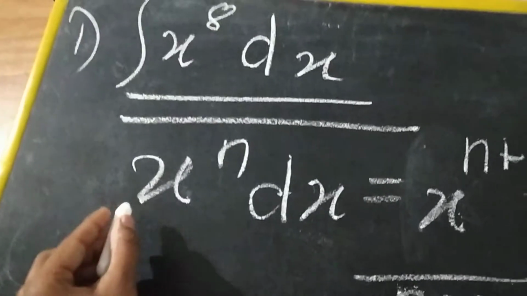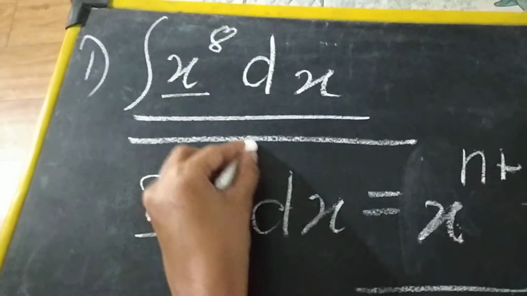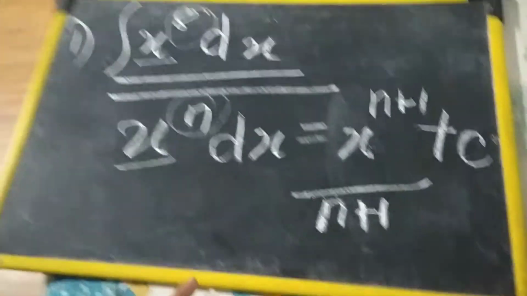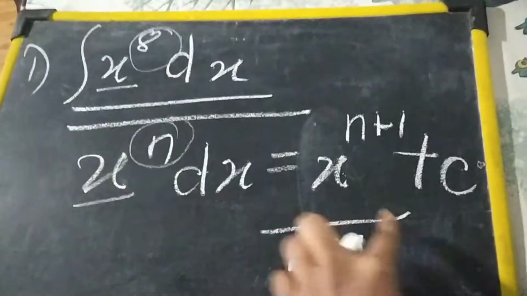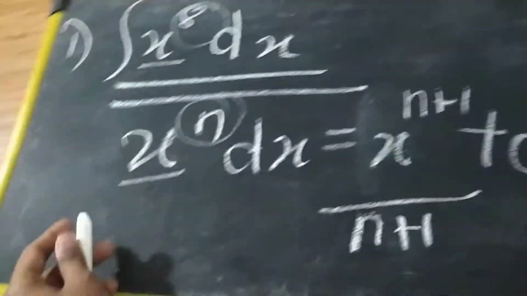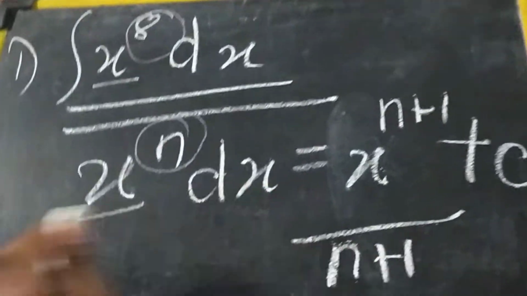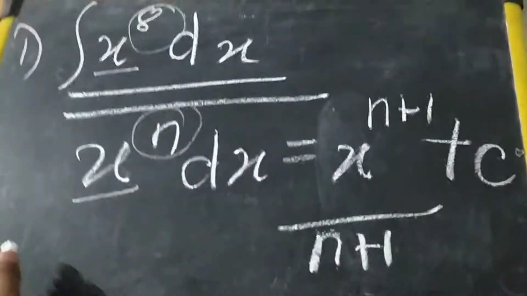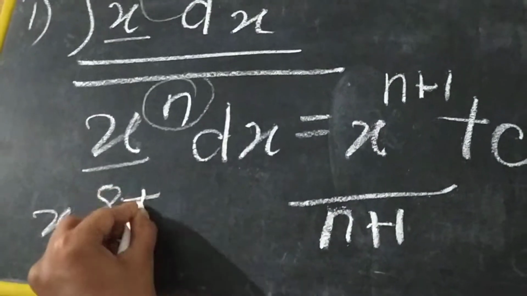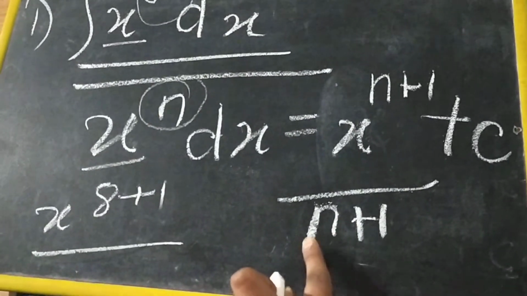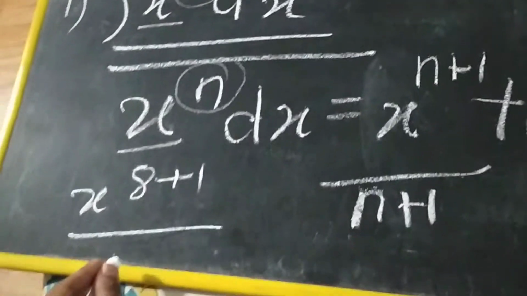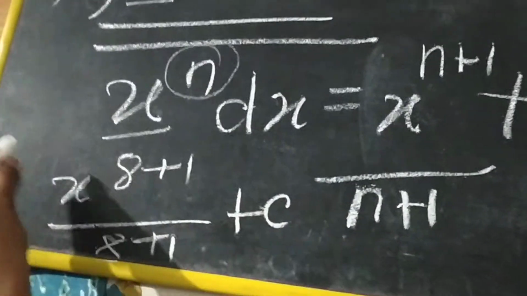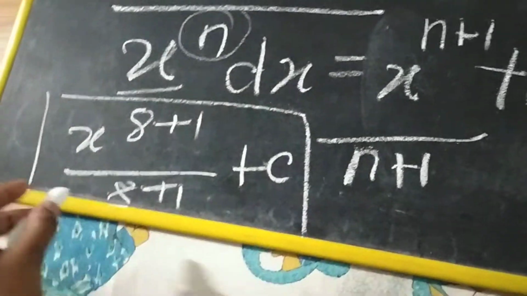Here n is 8, so substitute in the formula: x raised to 8 plus 1 upon 8 plus 1 plus c. So this is your answer.